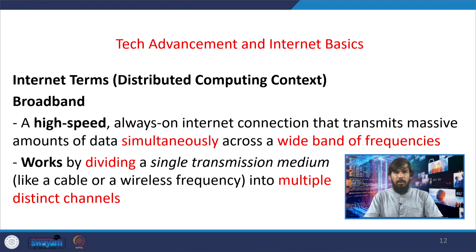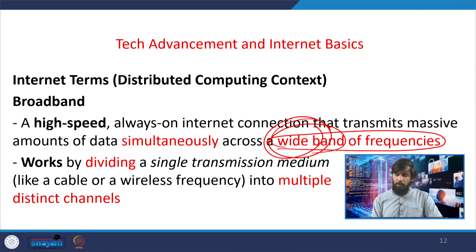Broadband is a high speed, always on internet connection that transmits massive amounts of data simultaneously across a wide band of frequencies. There are lots of frequencies, a wide band, and data is transmitted simultaneously across this, right.